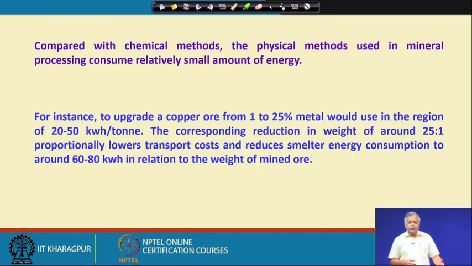So, you look at that, I have to look at what is the input energy for these separation processes, that is separation of gangue and the wanted materials, and how much cost saving you will be having because of certain advantages like the reduction in the bulk commodity for transportation purposes, and the reduction in the energy consumption in the smelting processes.